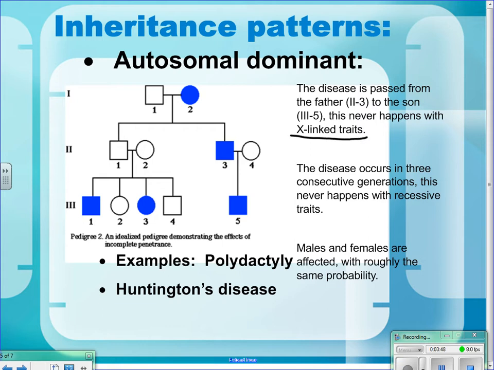Remember that with sex-linked traits, this would never happen, so this gives me a clue that it's an autosomal disease. The fact that it's occurring in multiple generations means it's dominant. That never happens with recessive traits. And males and females are affected with the same probability, another sign that it's autosomal. Some examples of autosomal dominant disorders are polydactylism and Huntington's disease.